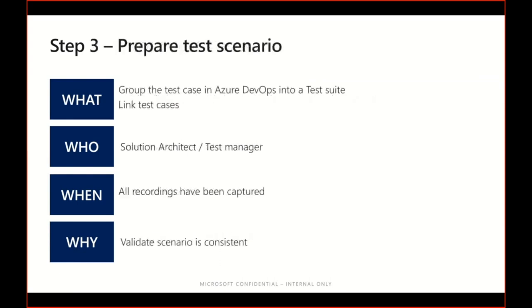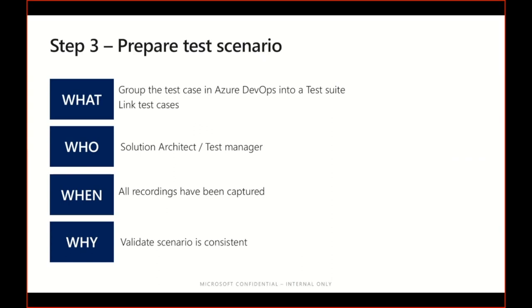All right, so typically what we're going to do now is we have all the recordings. We're going to group those together in Azure DevOps, and bring them together in one test suite. Again, the person doing that would be the same person who has been defining the test scenario, the solution architect, the test manager. Of course, we can only do that once all the recordings have been captured by our key persons.